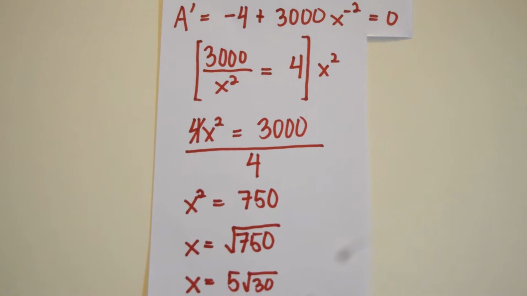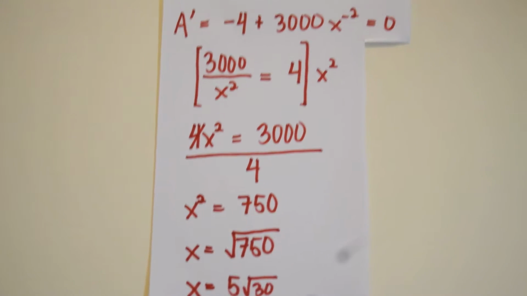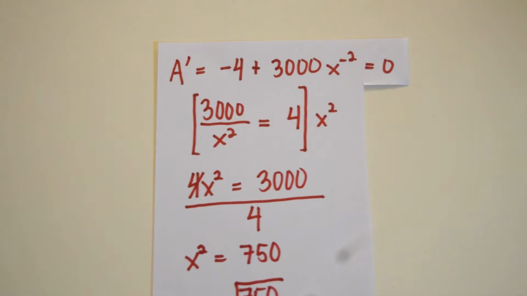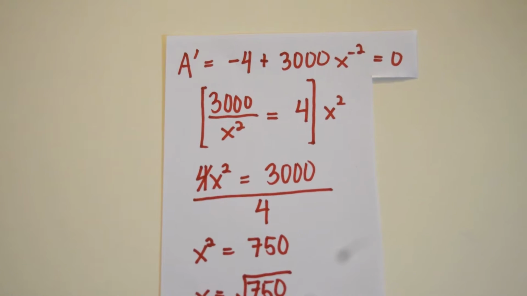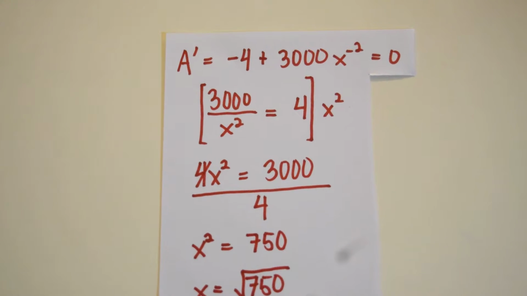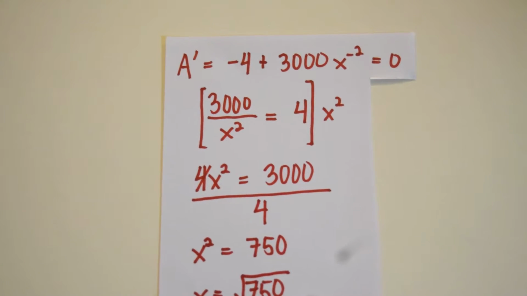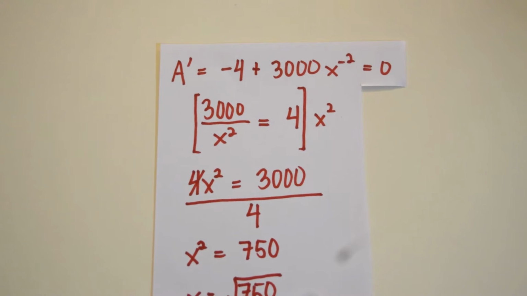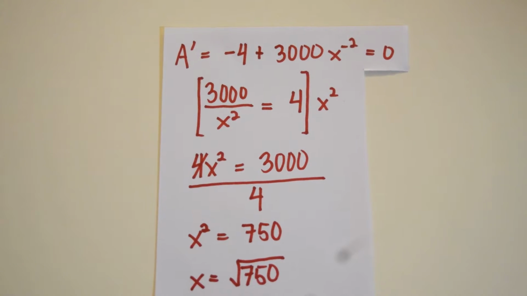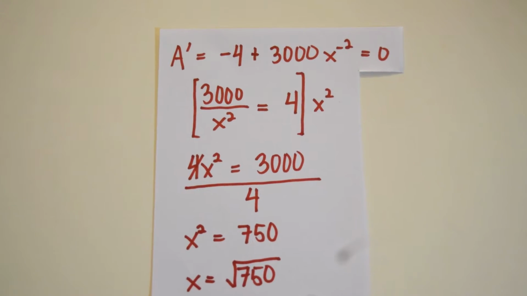Since 524 is a constant, its derivative is 0. And we get negative 4 plus 3000 x raised to negative 2 is equal to 0. If you're wondering why I got x raised to negative 2, I simply rewrote it so that it will be easier to derive.